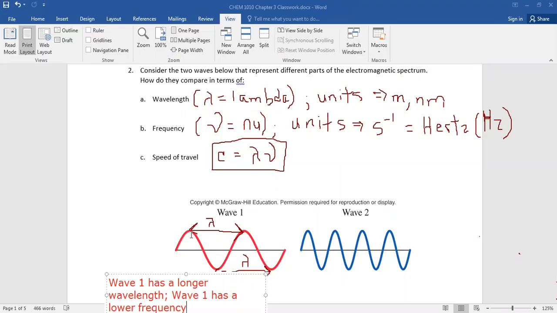So we can see for wave 1, we only have 2 cycles. But in wave 2, we have 1, 2, 3, 4 wave cycles. So therefore, the frequency of wave 2 is twice that of wave 1.